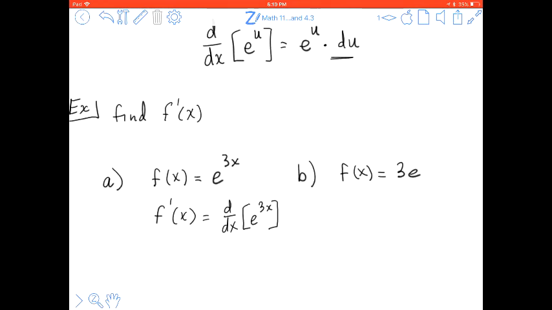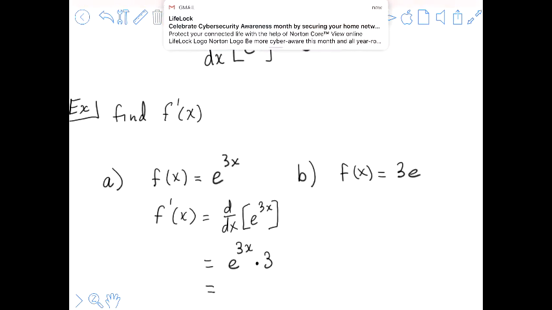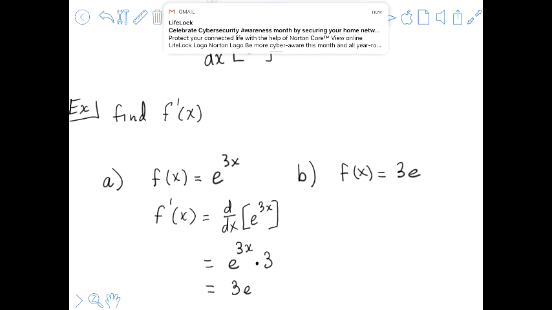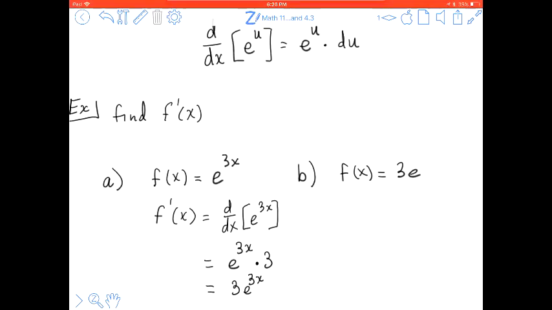And like I said, we're going to use that as our pattern. The derivative of e to the u is e to the u. So the derivative of e to the 3x is e to the 3x. But then we multiply that by the derivative of u, in this case the derivative of the exponent. The derivative of 3x is 3. So that's 3e to the 3x.